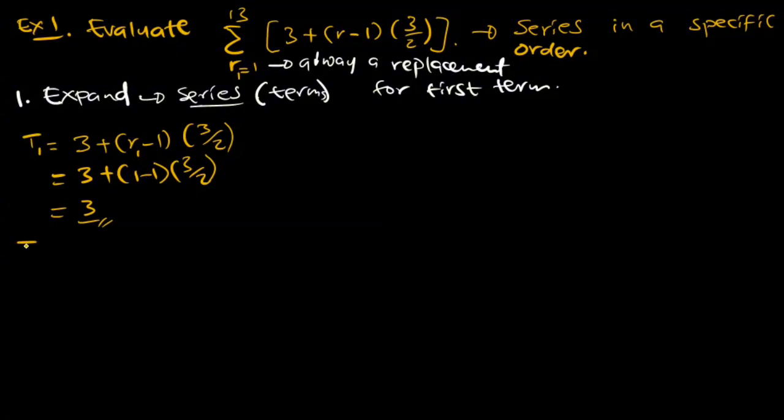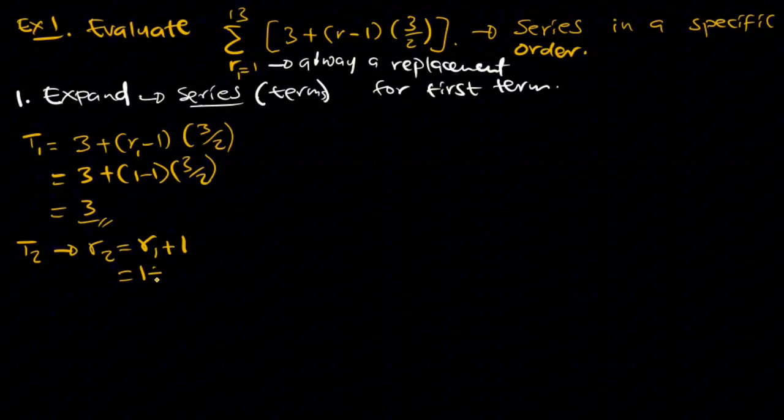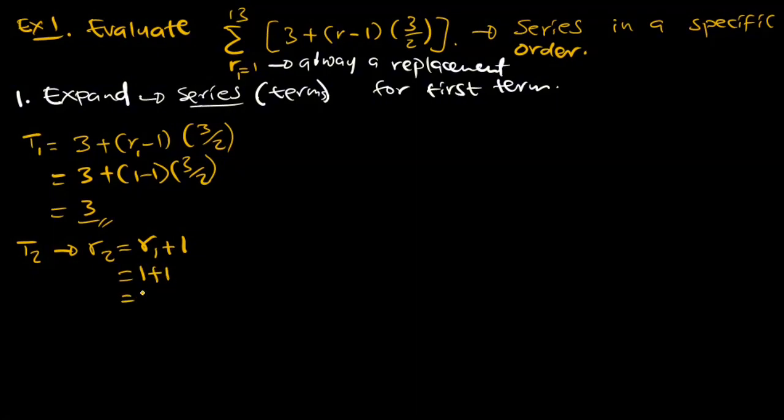Now for term 2, what is the value of r2? You always take the previous value of r and add 1 to get the next value of r. The previous r1 was 1, plus 1 gives us 2.